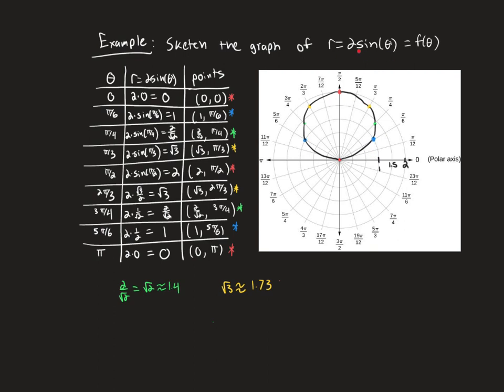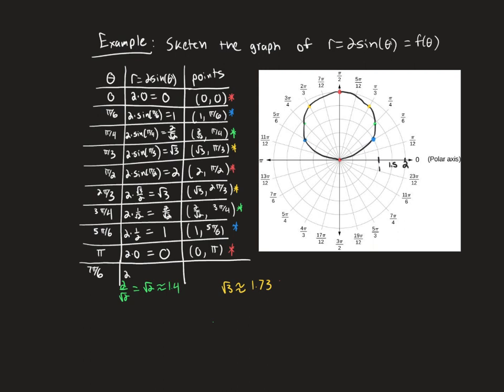So this equation, r equals 2 sine theta, gives us a circle of radius 2. And I guess maybe we should say, when you go farther, if we do another row, we'll just do one more row. The next angle we would do would be 7 pi over 6.